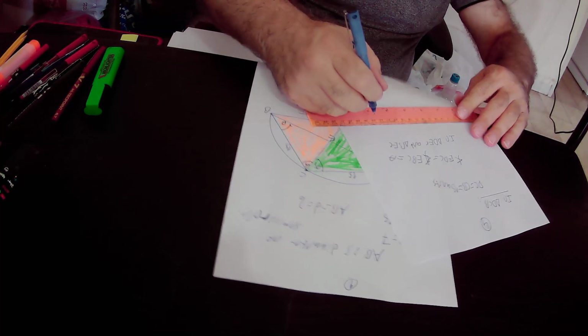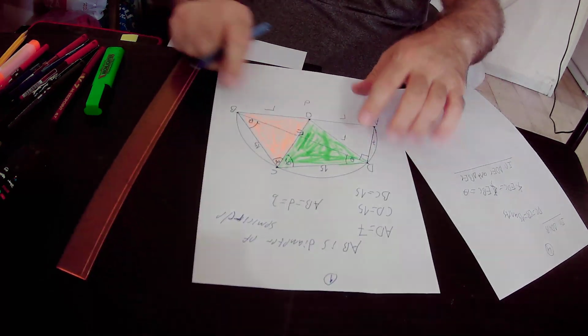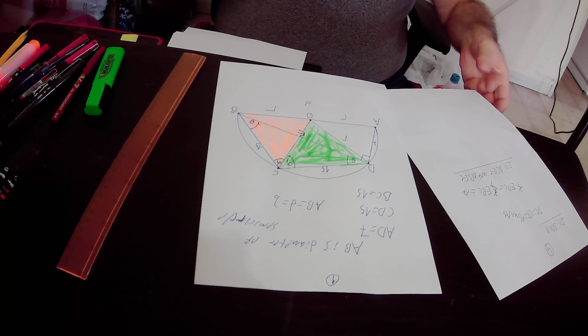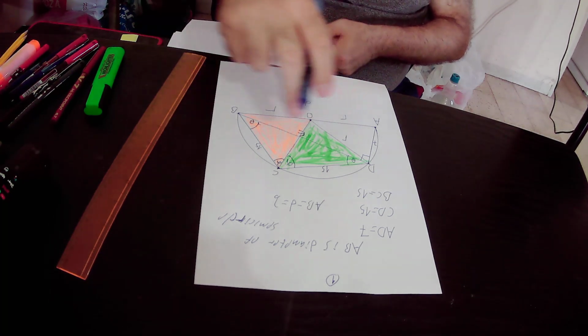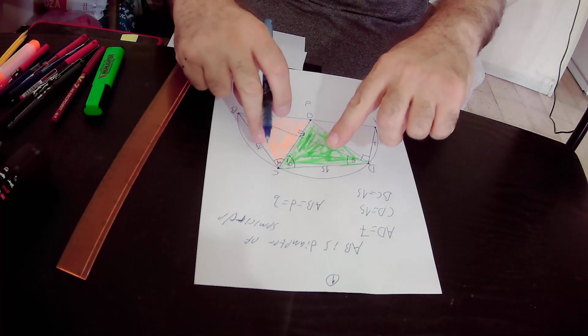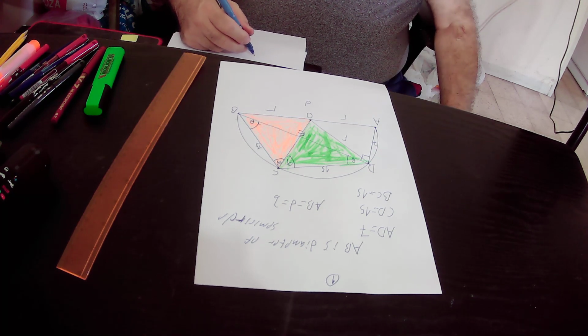Okay, so in those two triangles, side DC equals side BC. Both those sides are equal to 15 units. DC equals BC.